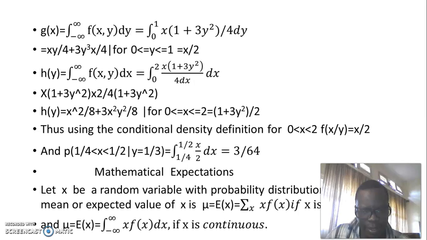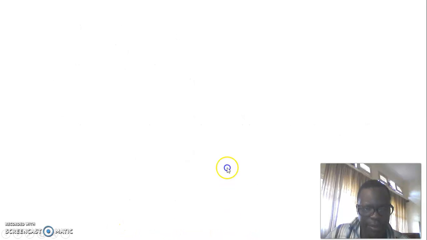If x is discrete, it is equal to the sum of the product of x and f of x. If x is continuous, the mean is equal to the integral from negative infinity to positive infinity of x f of x dx.